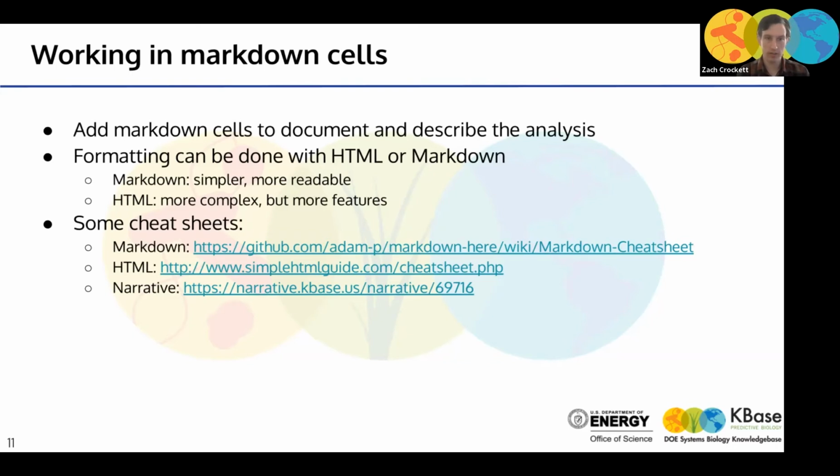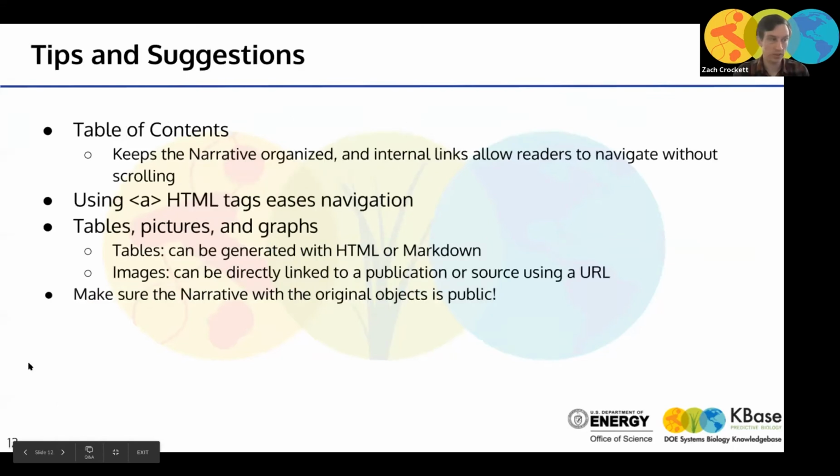And this will allow you to make it more than just a plain text description. You can add formatting tips to make it more readable or more navigable. Some of the tips and suggestions that I recommend: the very first thing I recommend for all narratives is to use a table of contents to keep it organized, and you can use internal linking using the A tag with HTML or the corresponding Markdown notation.